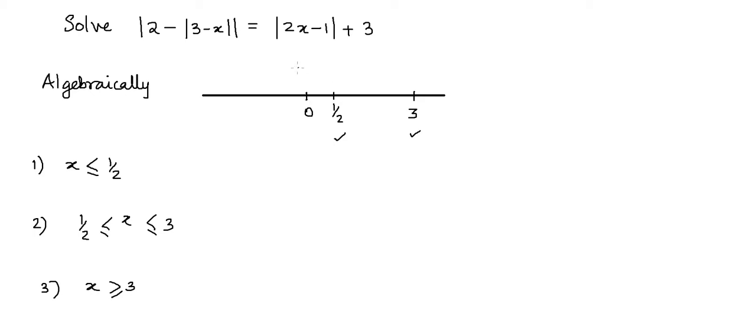These cases arise because you can look at the original question given, right? Absolute value of 3 minus x, so x will be a switching point, and absolute value of 2x minus 1. So if you equate 2x minus 1 to 0, it will give you the switching point x equal to half.